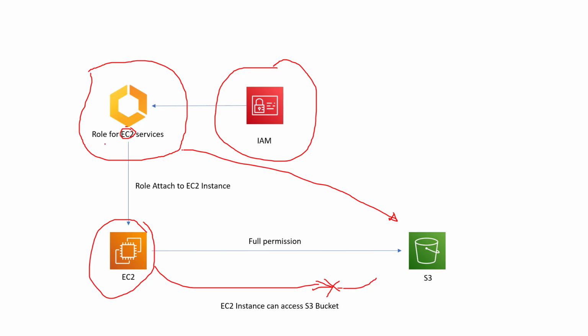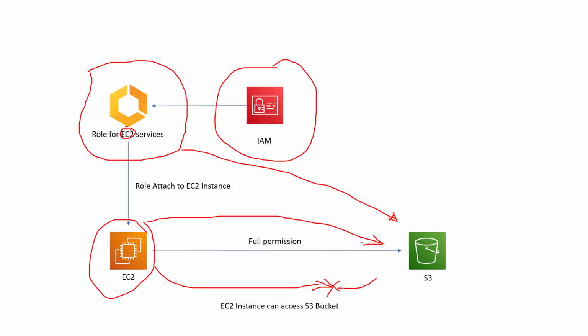After we attach the role to this EC2 instance, this EC2 instance has full permissions to S3. So this is how we can create a role, assign permissions to this role, and after that attach this role to a specific resource, so one resource can access another resource in the AWS environment.